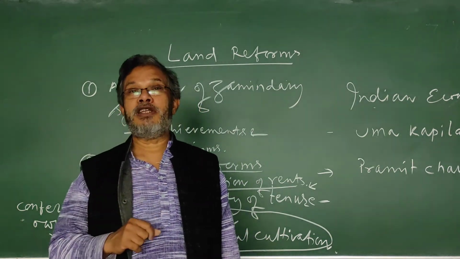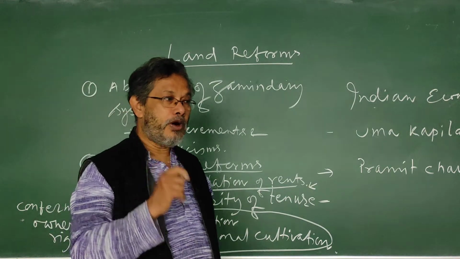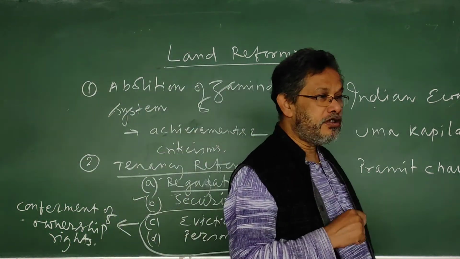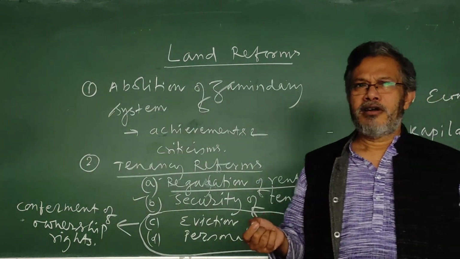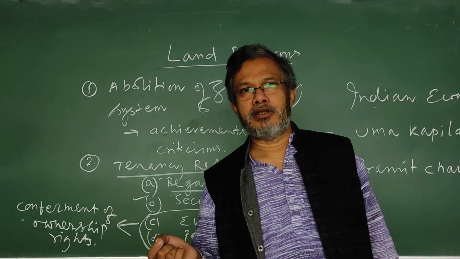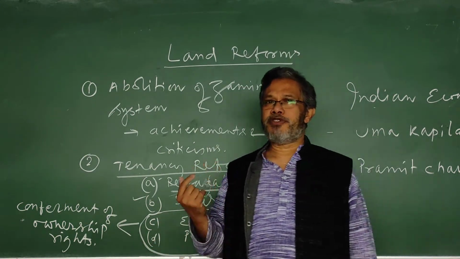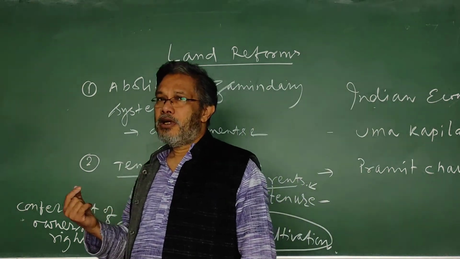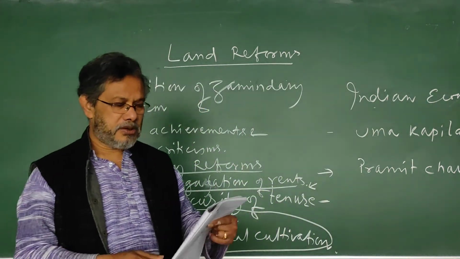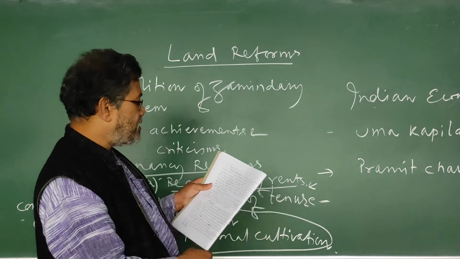The ceiling should be not per member of the family, it should be for the family. One family means husband, wife, children, maybe grandfather, grandmother. Mostly husband, wife, children. Let's see what is written here.